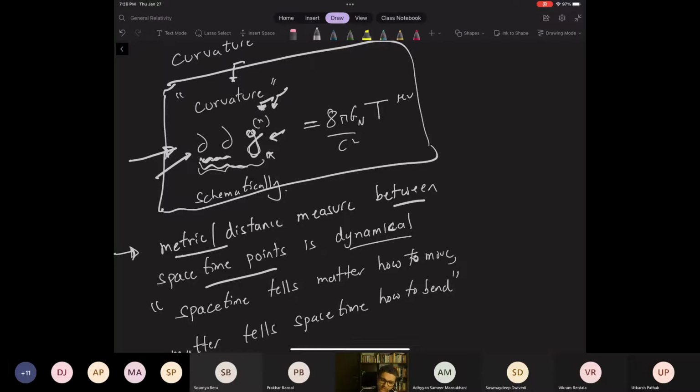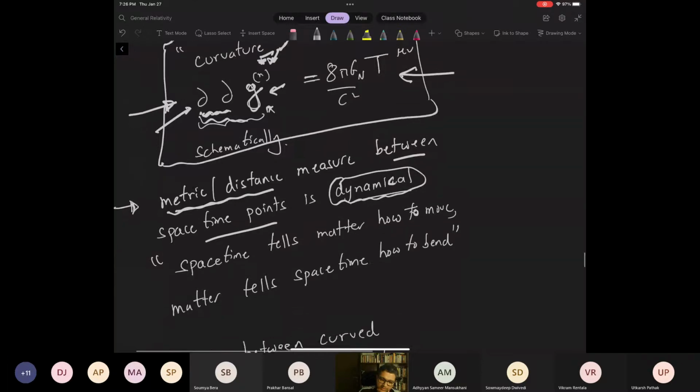So the point is that this metric distance, the distance between two space-time points, is not a fixed quantity when you think about it in general relativity. Rather, you think about it as dynamical. That is, it's determined by the kind of matter and energy distribution that you have.